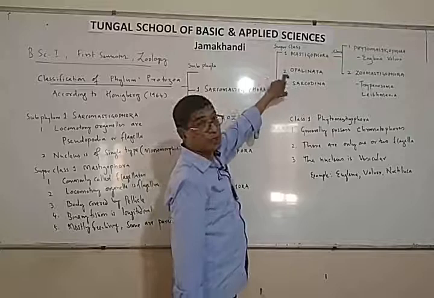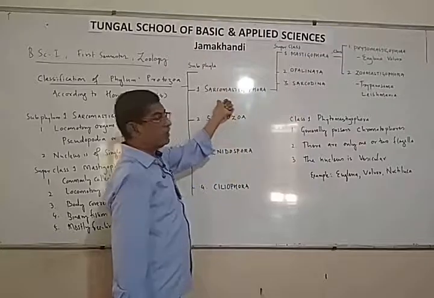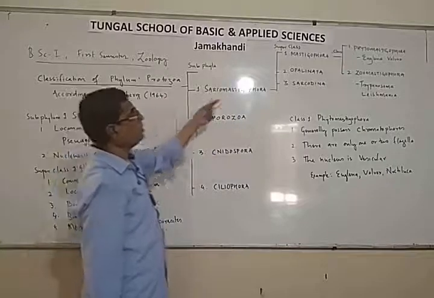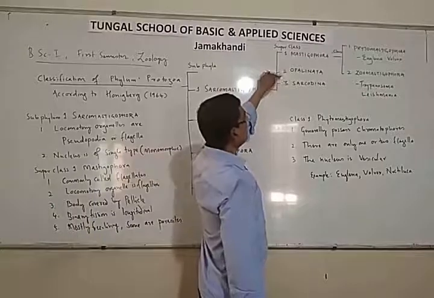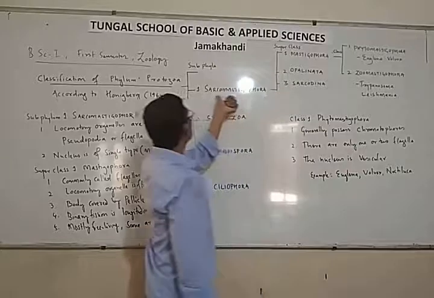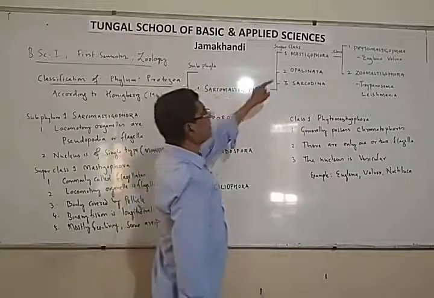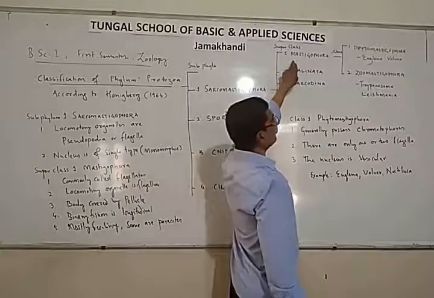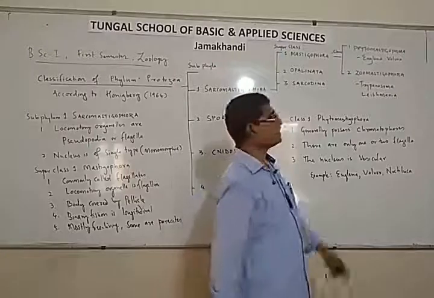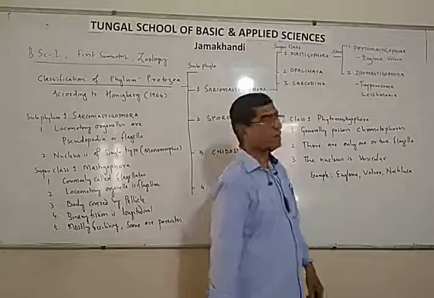So these are the superclasses of subphylum Sarcomastigophora of phylum Protozoa. Okay. So Mastigophora superclass again has 2 classes. It has been divided into 2 classes such as Phytomastigophora and Zoomastigophora.